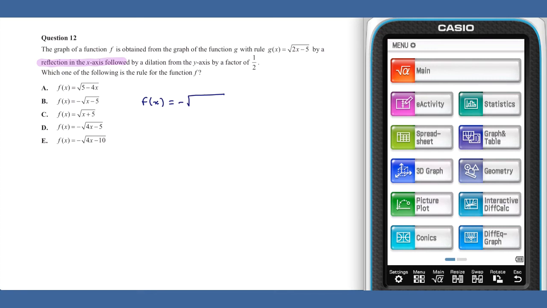That means that we know our rule is either B, D, or E. But which one? The next transformation we're told about is a dilation from the y-axis, factor of half. That means that x becomes 2x, so our rule becomes 2 by 2x minus 5, and from that we can see that the answer must be D.